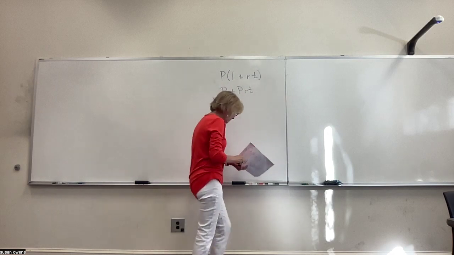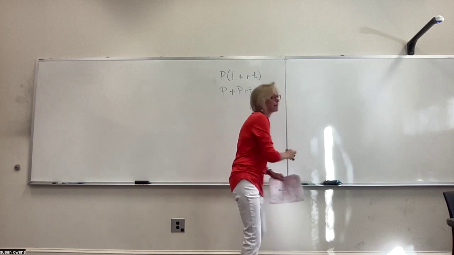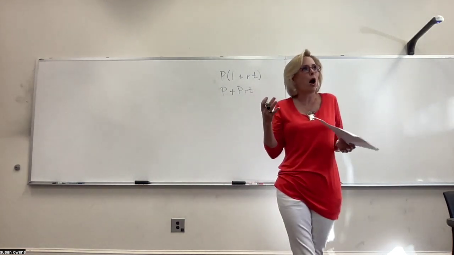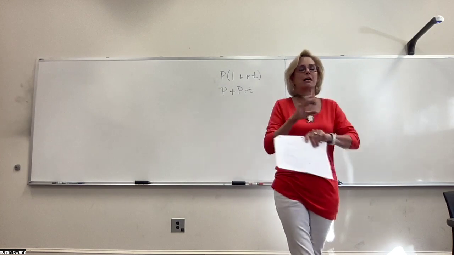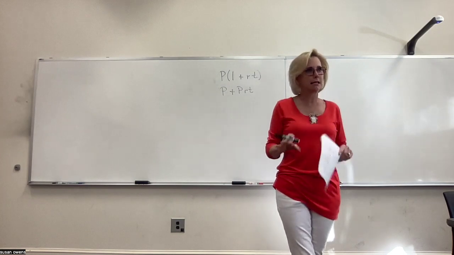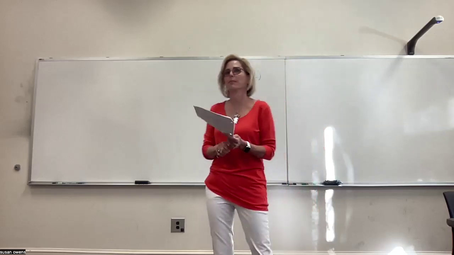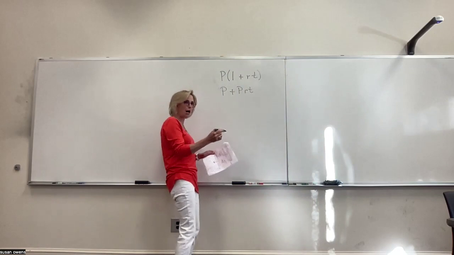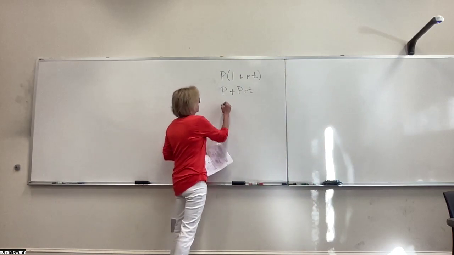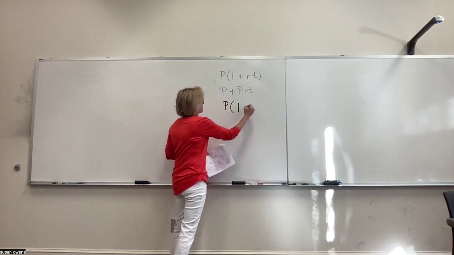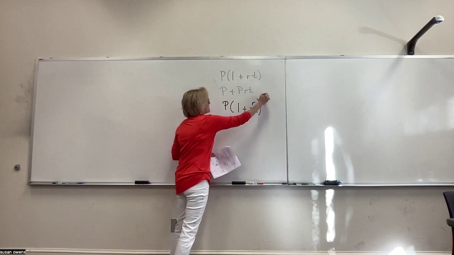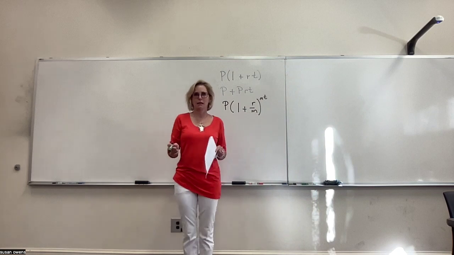If you see the word compounding and something that tells you how often it's being compounded aside from the word continuous, so quarterly, monthly, annually, we're using the compound interest formula, which is P times (1 plus R over M) to the M times T.